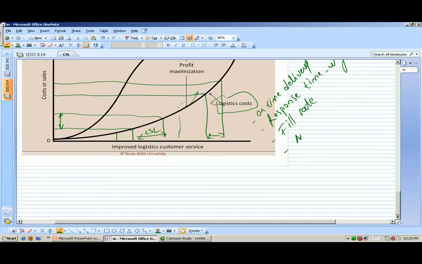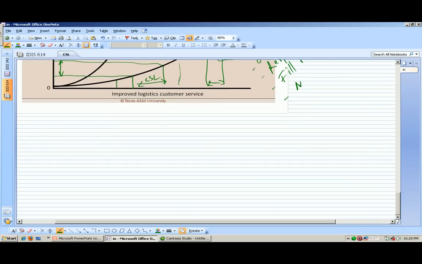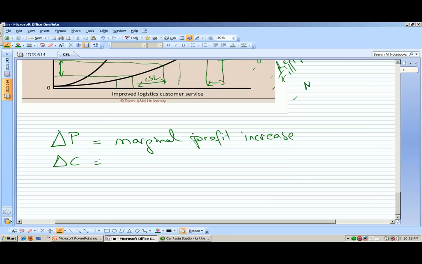So let's look at that relationship. As I said, what I need to find is delta P, the marginal profit increase, and delta C, my logistics cost, but again it needs to be the marginal cost increase.